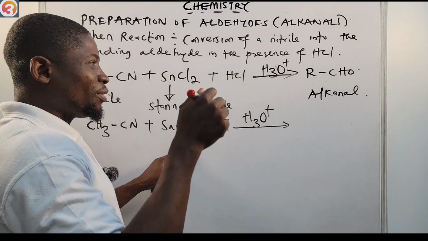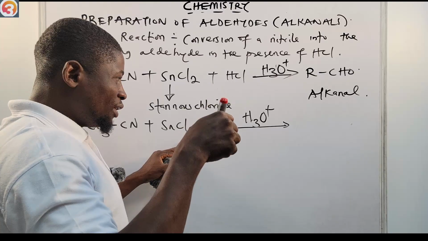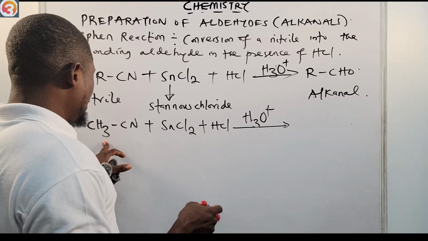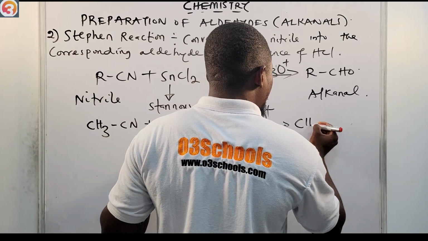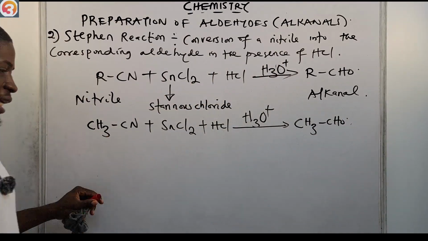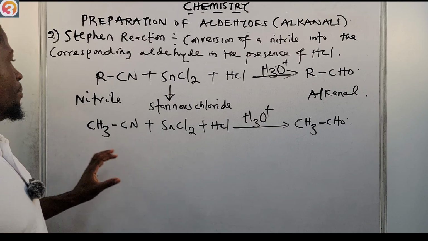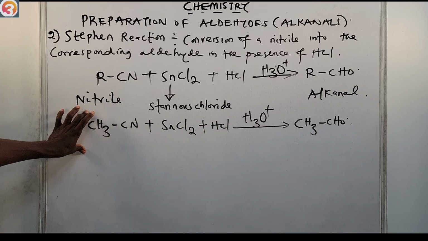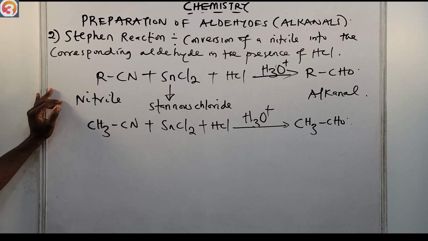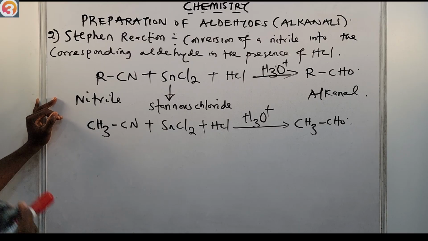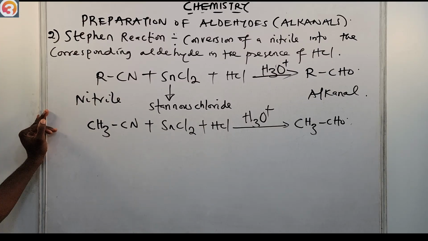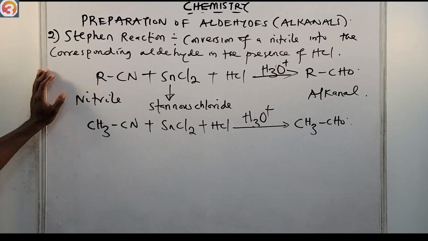It's going to give us the corresponding aldehyde, CH3CHO. So this is our reaction pathway, and you must take note of this. This is the second method we can use to prepare an aldehyde. You can see here we have prepared an alkanal, which is ethanal.